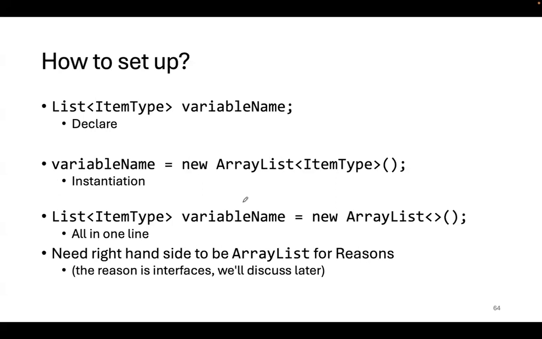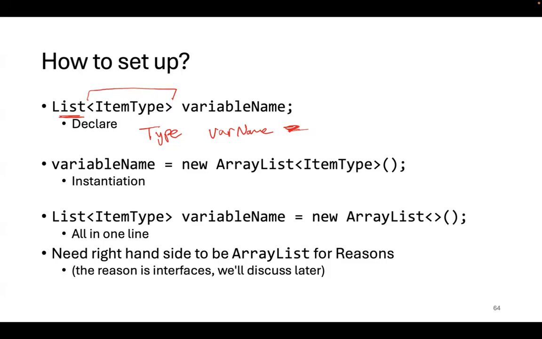So we declare it like any other reference variable, except it's a little bit different. Remember, declaring a reference variable starts with the type, and then the variable name. Then that's it for declaring. But we have this addition of what we call angle brackets, the less than or greater than. This is a little bit different about lists. What that's doing is saying, here's the type of thing that's going to go in the list.